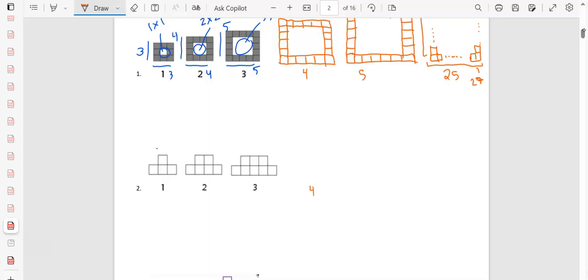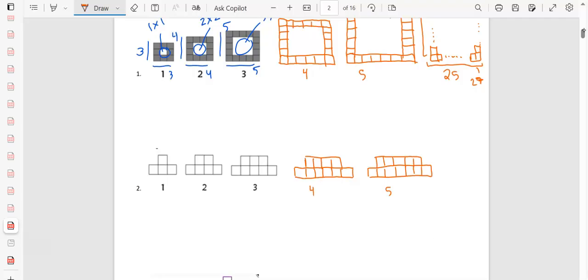So the fourth term here, I'm going to have 1, 2, 3, 4, 5, 6 across, and 4 on that layer above. For the fifth term, I'm going to have 7 across, and 5 above.